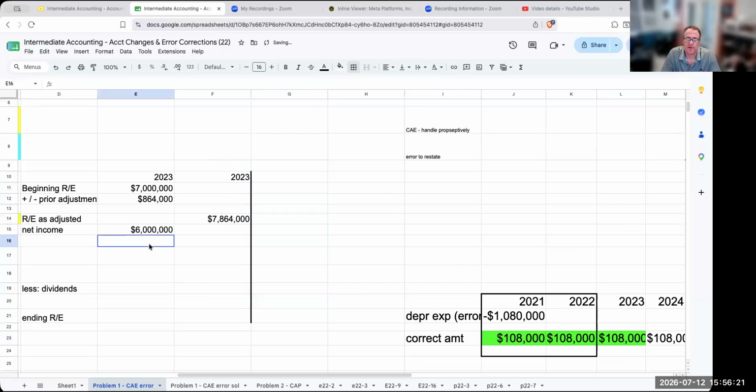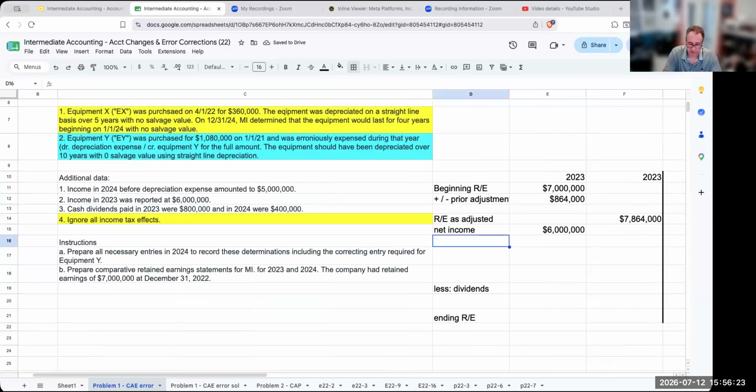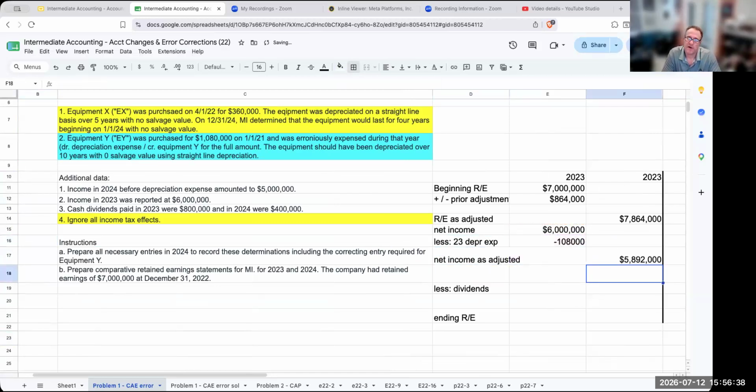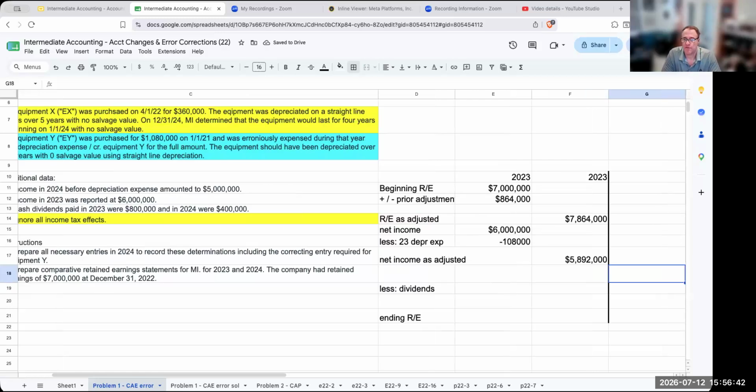But because I made this error, I need to say less 2023 depreciation expense. This is going to give me my net income as adjusted of 5,892,000.